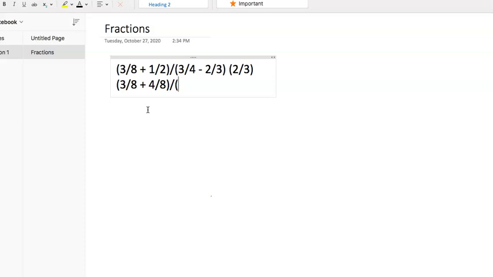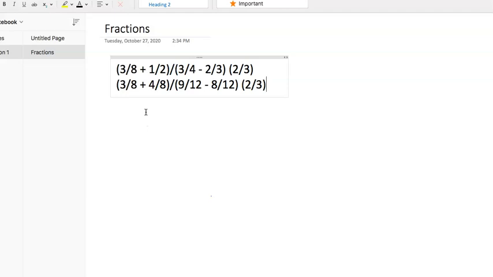We'll multiply 3/4 by 3 on each side to get 9/12, minus 2/3 times 4 on each side gets it to 8/12, and then we'll leave the 2/3 alone for now, times 2/3.